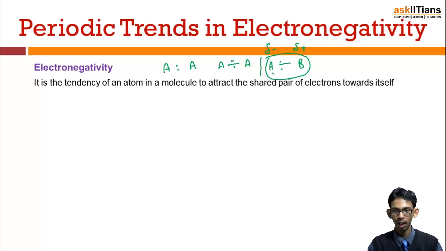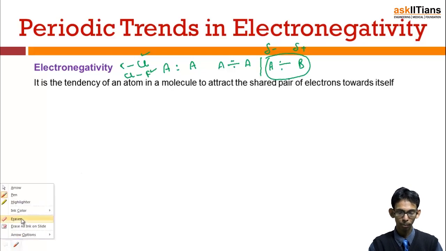An element which is more electronegative in one bond may be less electronegative in another one. For example, in a carbon-chlorine bond, we know chlorine is more electronegative, but when chlorine is present with fluorine, fluorine is more electronegative. So it is a comparative property.